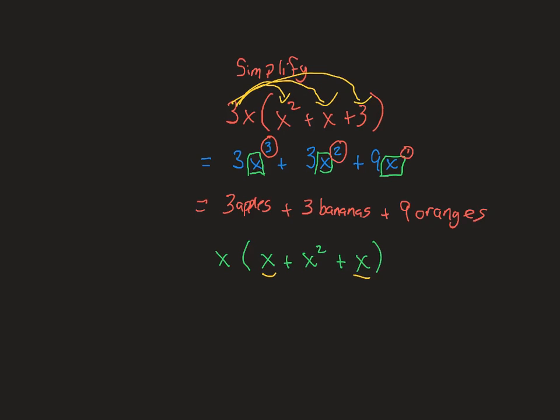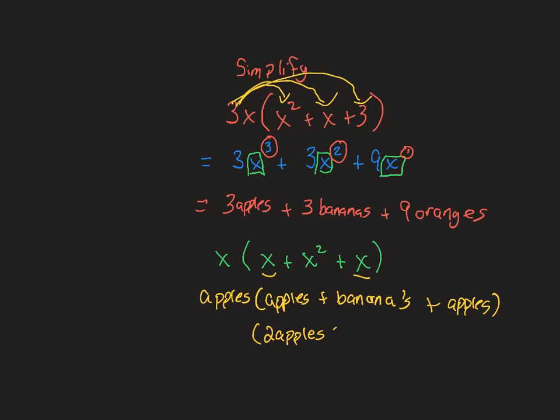So it's like me saying I have apples multiplied by apples plus bananas plus apples. So I have 2 apples plus a banana.